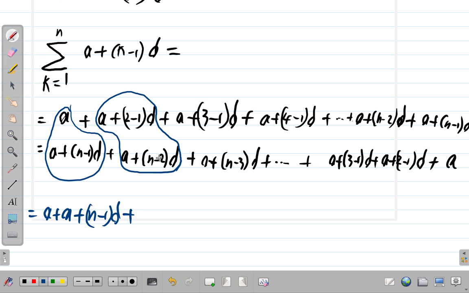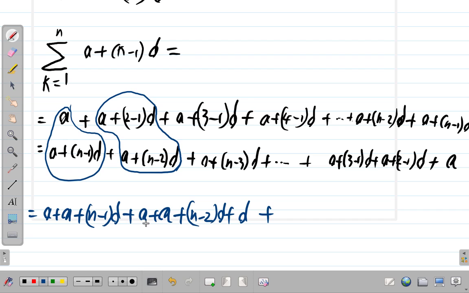Now, what we have here is this A plus this A, plus 2 minus 1 would be 1D. So we have n minus 2D plus 2 minus 1D, which is just D, plus.